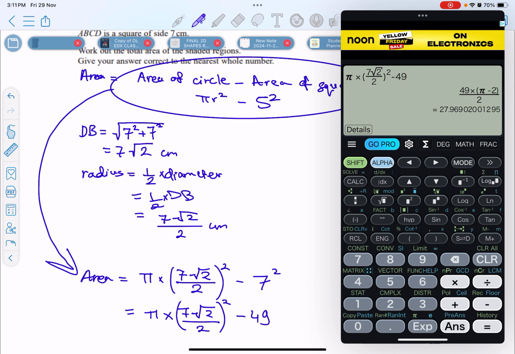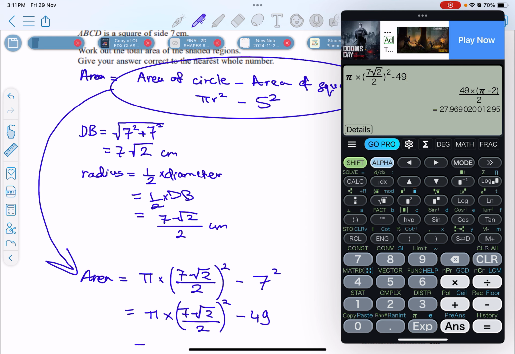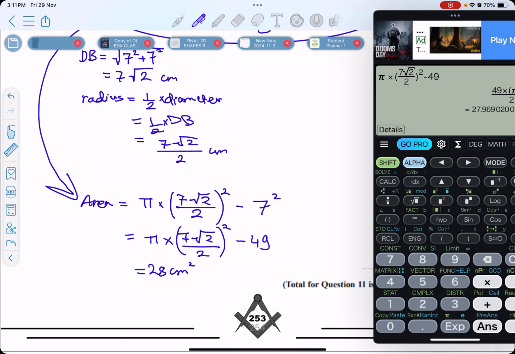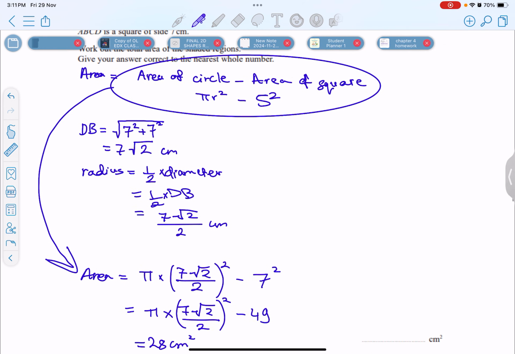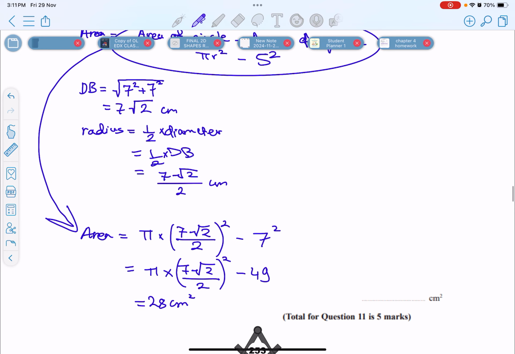So it's going to be, to the nearest whole number, 28. The area is 28 centimeters squared. The area is 28, and that would be the final answer.